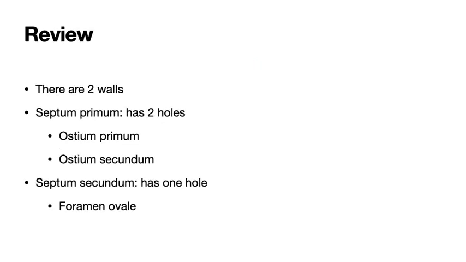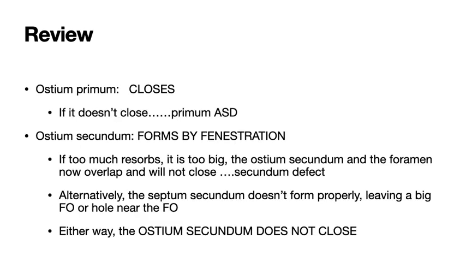All right, let's review. There are two walls. The septum primum has two holes, ostium primum and ostium secundum. The septum secundum is the second wall. It only has one hole, and that is the foramen ovale. The ostium primum closes. If it doesn't close, you've got a primum ASD. The ostium secundum is the one formed by fenestration.